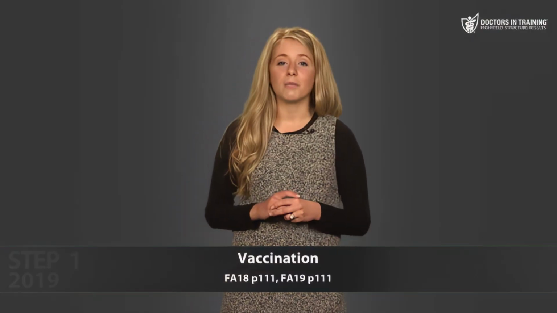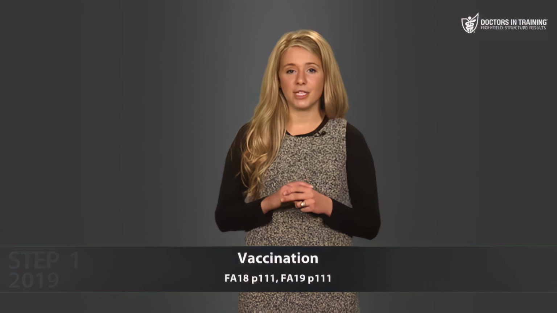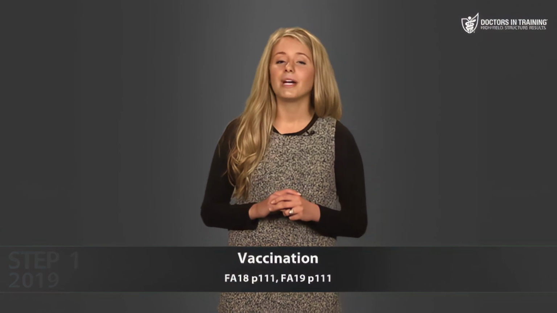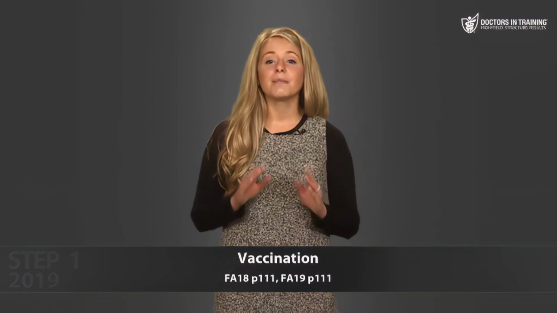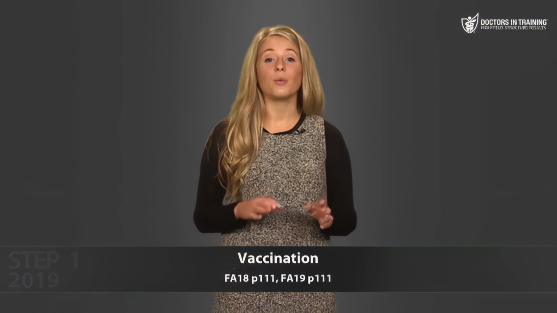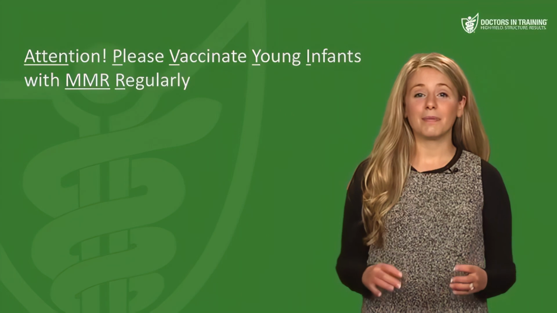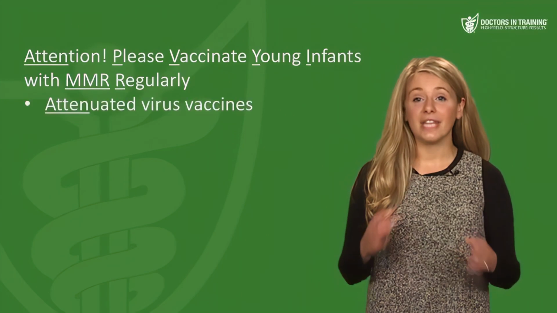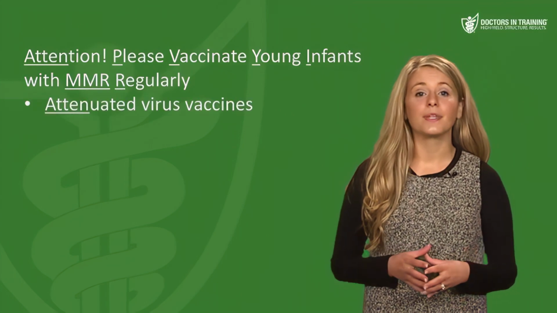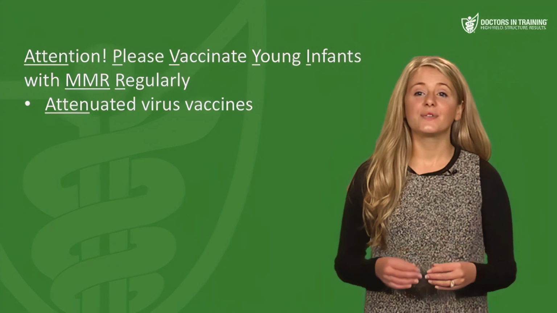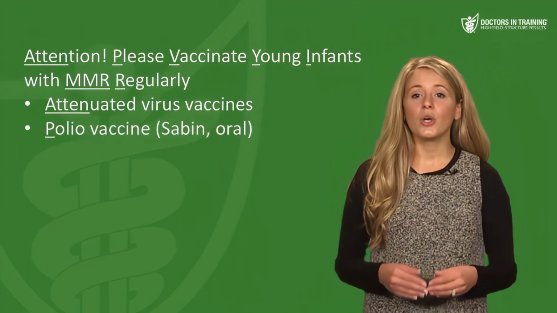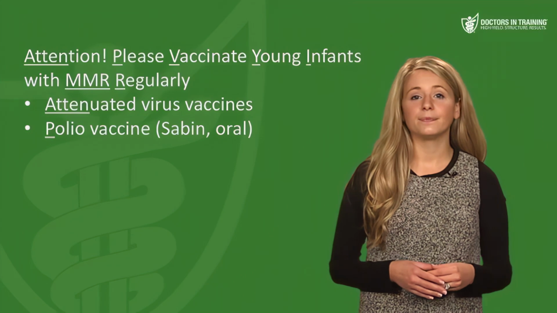A student sent us a mnemonic for the most common live attenuated virus vaccines. The mnemonic is, attention, please vaccinate young infants with MMR regularly. Attention is to remember that this mnemonic is for live attenuated virus vaccines. The P in please is for the Sabin polio vaccine, which is the oral polio vaccine.